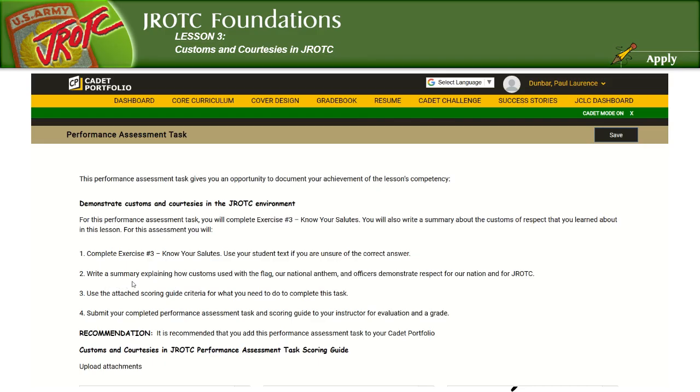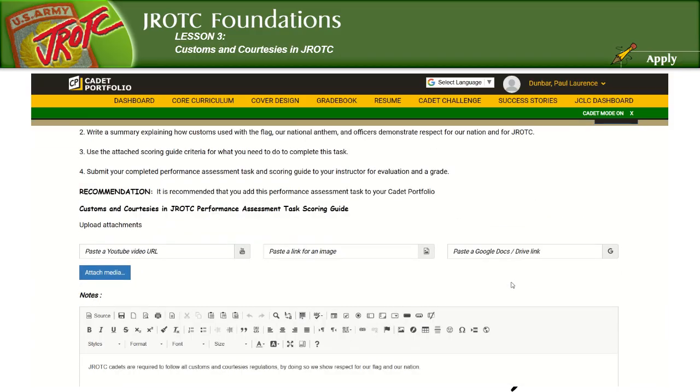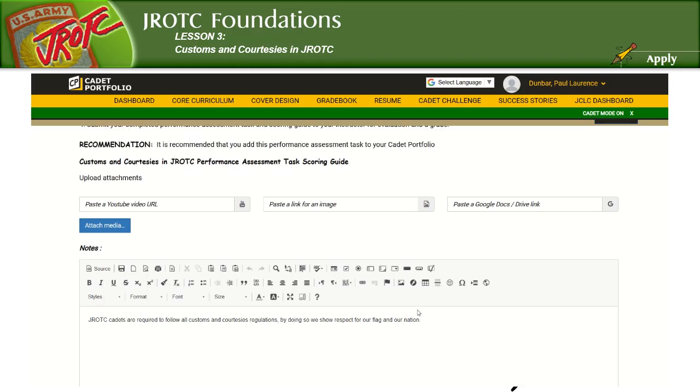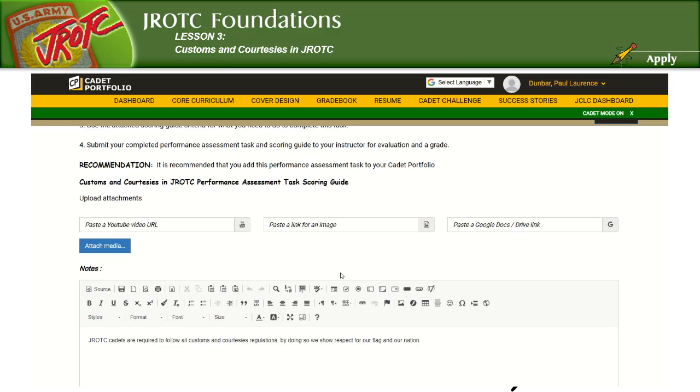Then you will write a written summary explaining how customs used with the flag, our national anthem, and officers demonstrate respect for our nation and for JROTC. You can do that one of two ways. You can either type in your answer right here in the notes section, or you can do it in a separate document and put the link from either your Google Drive or your OneDrive right here in this spot.